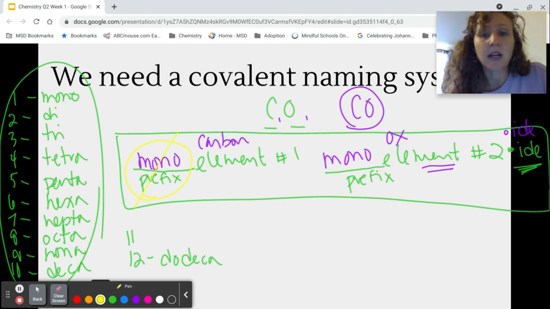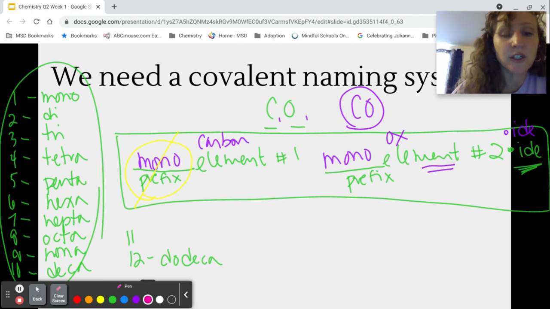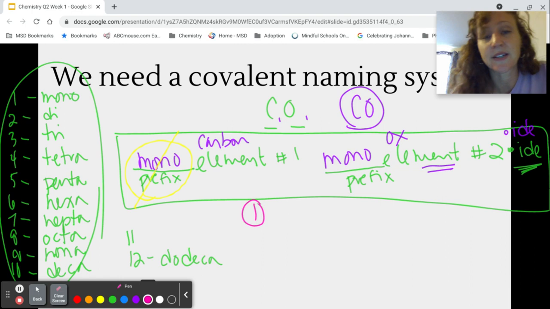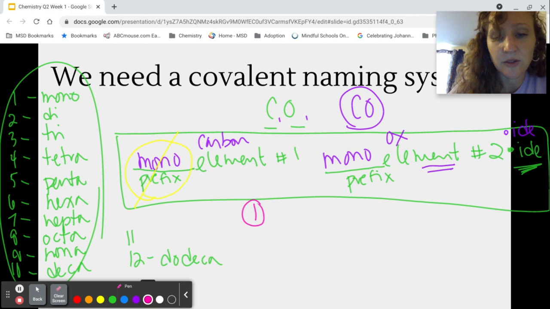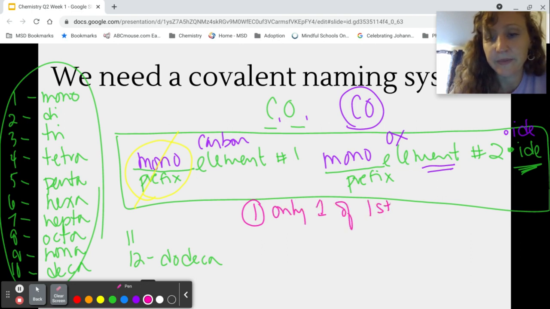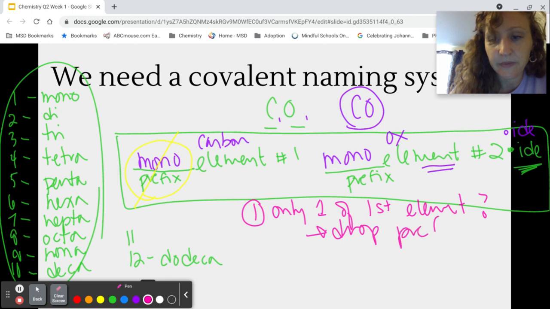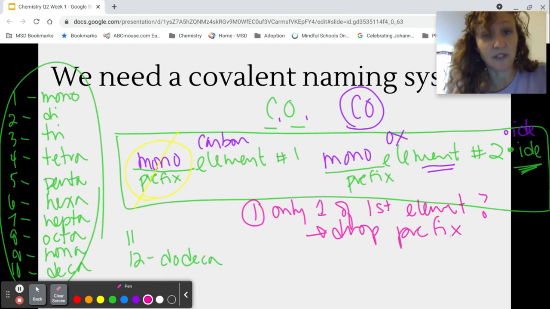Here's one of our first exceptions: when you have only one of the first element, you drop the prefix. Other than that, you keep prefixes.